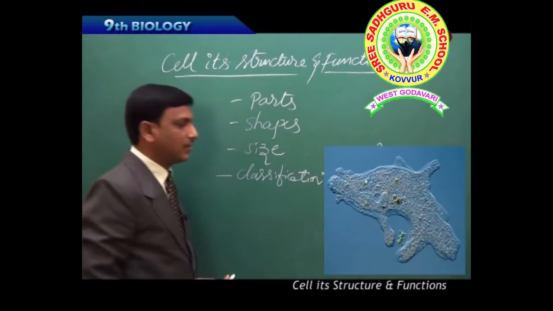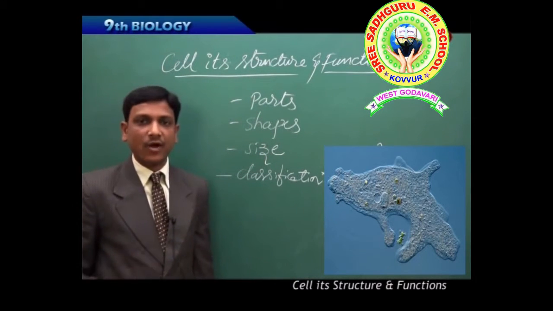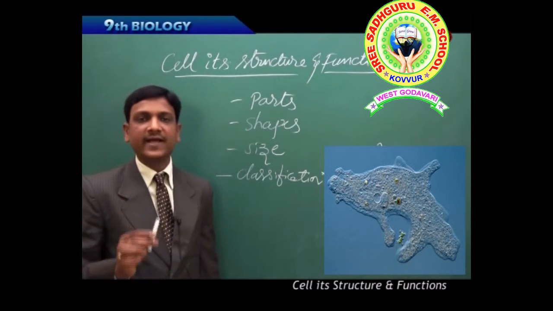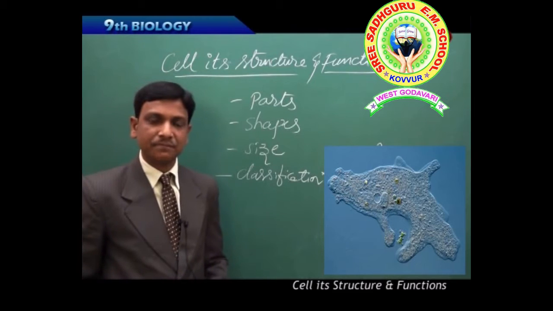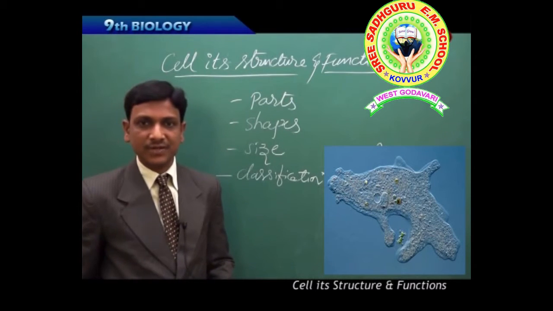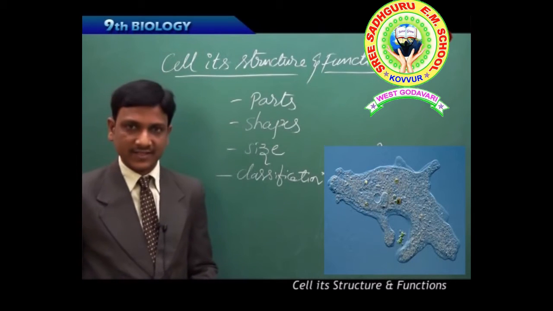So what is unicellular, multicellular? We learned that organisms that have only one cell throughout their life are called unicellular organisms. Examples: amoeba, paramecium, euglena.